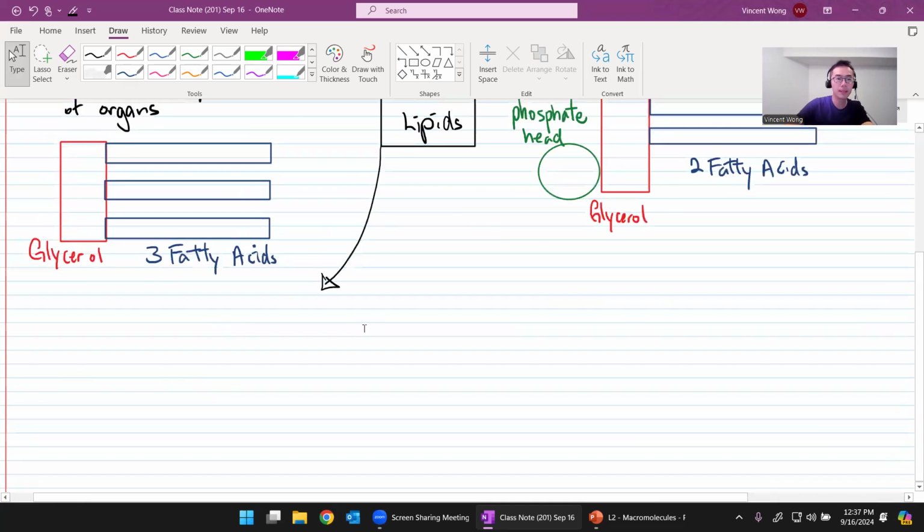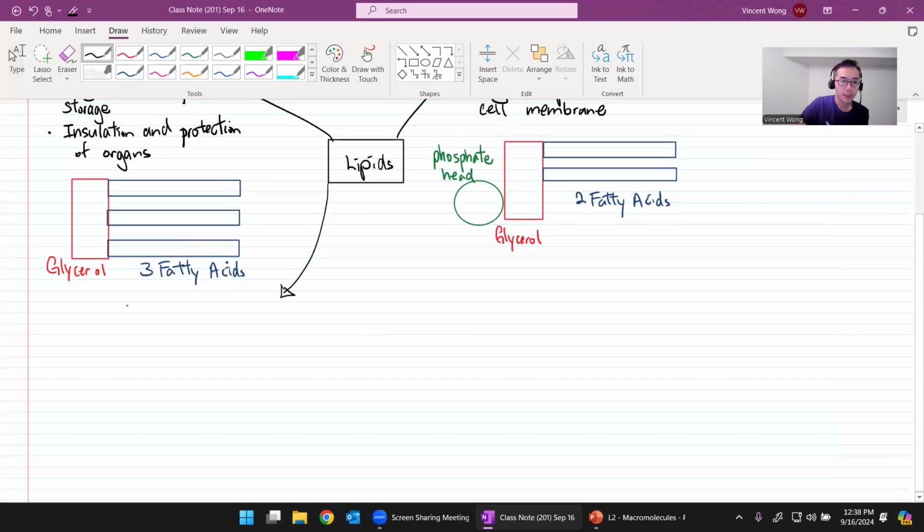Another example of lipids would be wax. Waxes are very good for forming water repelling surfaces.